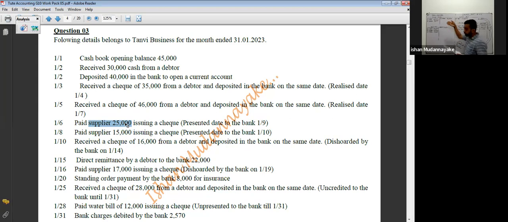Then record this check transaction on 6th January, but the presented date is 9th January. The cash paid date by the bank is 9th January. But anyway, the check issued date is 6th January.